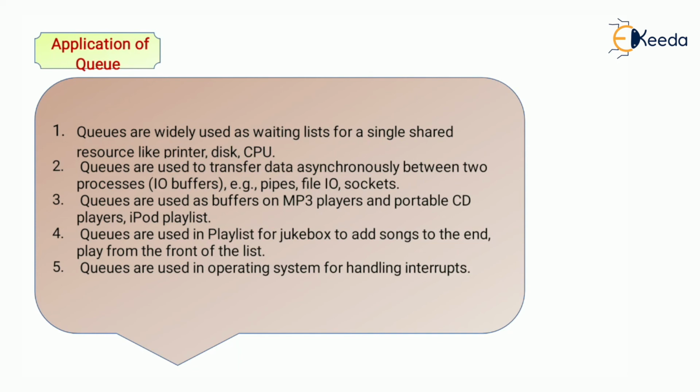An interrupt can stop the current process for some time and give priority to the request that has come with the highest priority. These are handled by using the queue in the operating system for different types of interrupts. So these are all about the applications of queue.